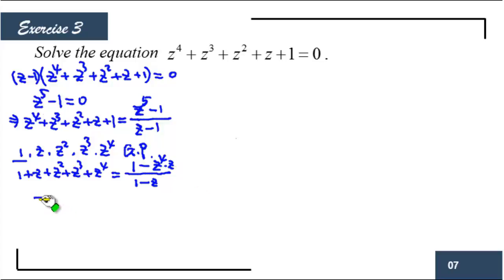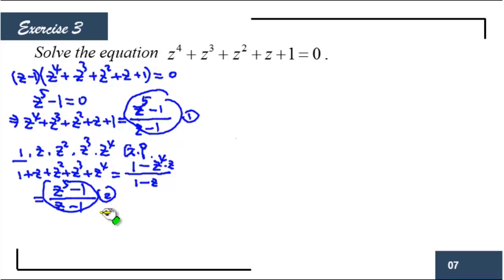That means z to the fifth power minus 1 over z minus 1. And this one and this one are the same. So you can choose 1 or you can choose 2. So we can see the exact problem.